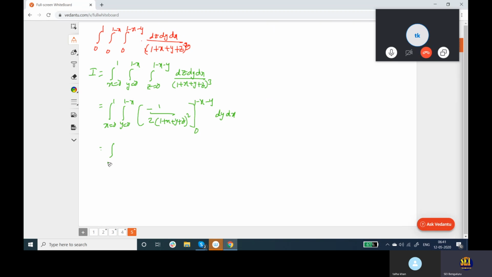Now integral x is equal to 0 to 1. Integral y is equal to 0 to 1 minus x, minus 1 by 8 plus 1 by 2 into 1 plus x plus y whole square into dy into dx.